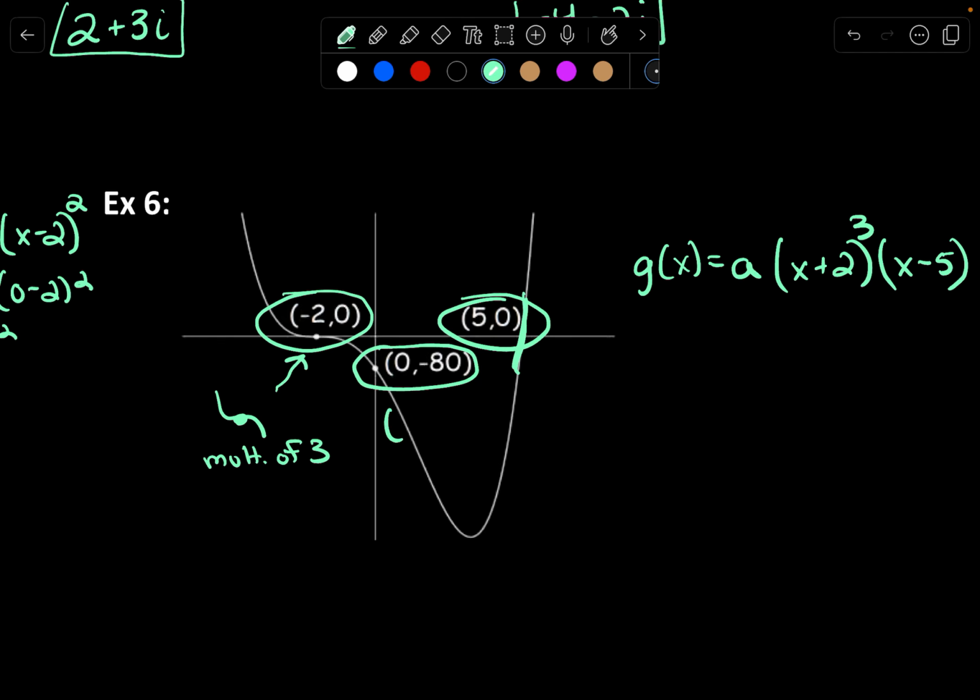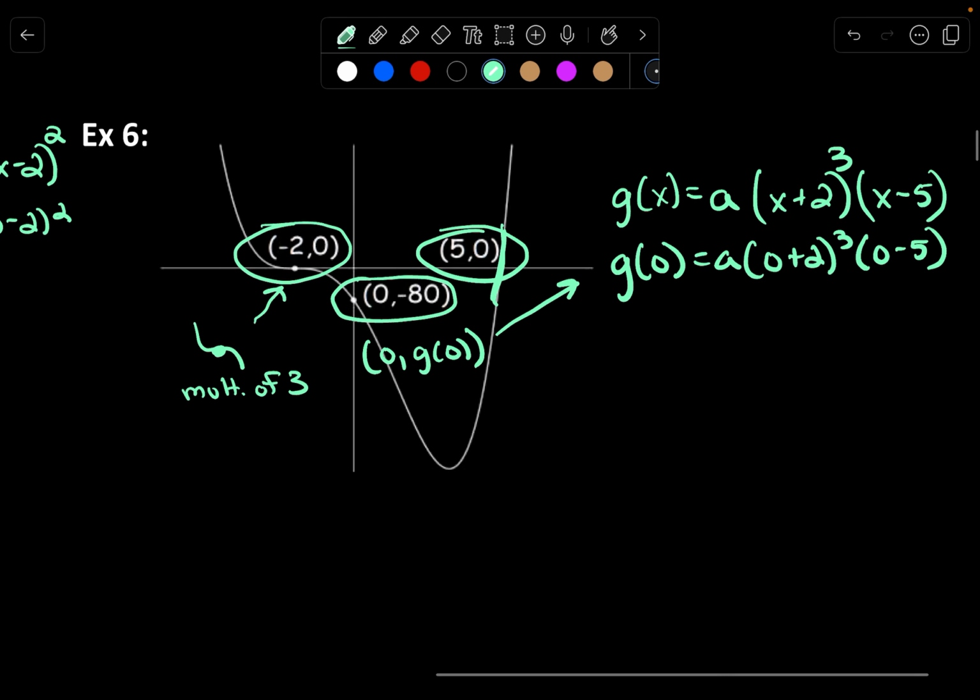So again, we have g of 0, which is going to be plugged into the function so that we can solve for a. Be careful. The tendency, especially when you're first learning how to substitute an input and then find the output, is to do things like this. g of x is equal to, I'm just making up a function, x squared plus 2x minus 3.